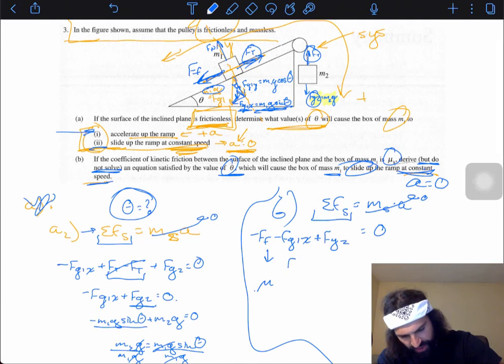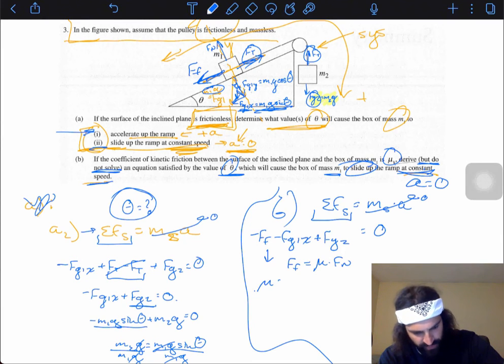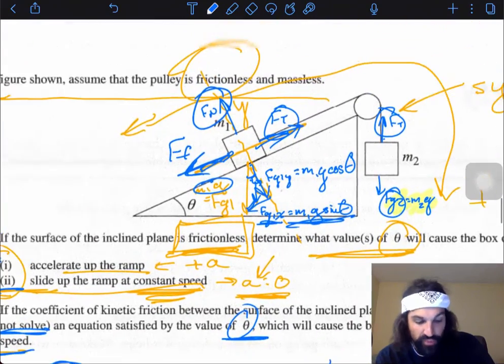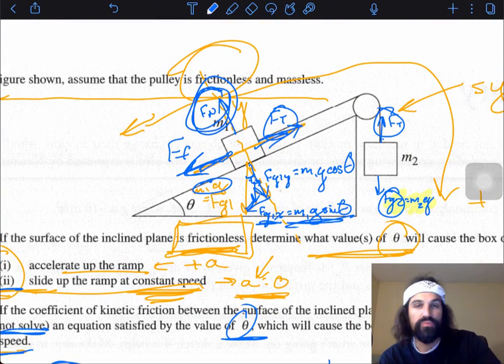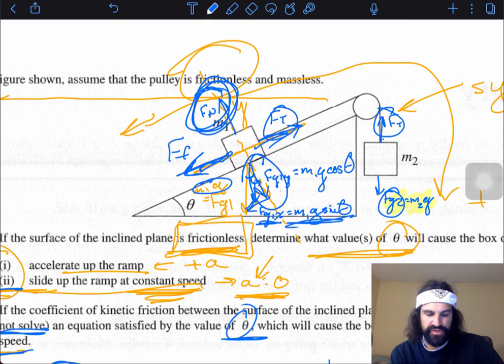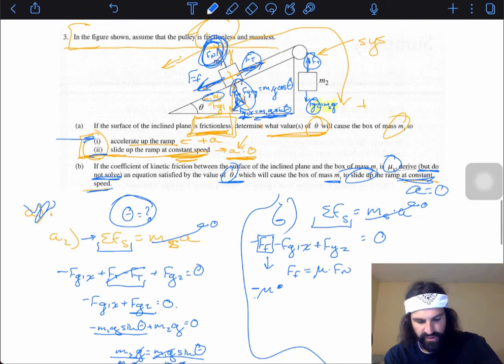Friction, from the last problem we saw, is equal to mu times the normal force, mu Fn. So plugging in for this, negative mu times normal force, but we don't have normal force. But we know, hopefully, from the diagram, that normal force is going to have to perfectly balance the y component of the weight of box 1.